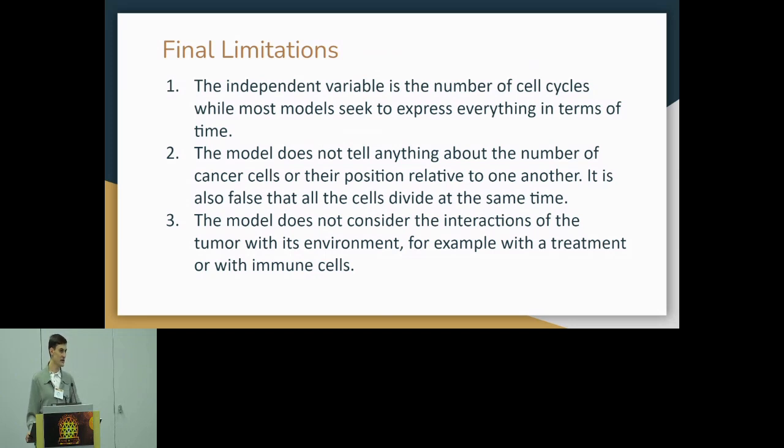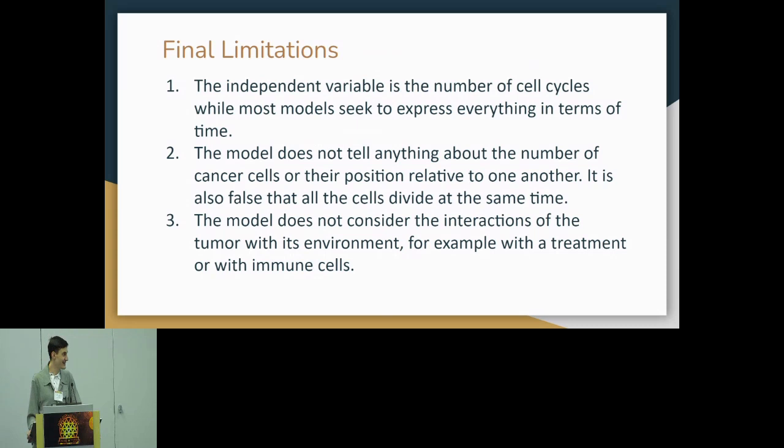They would have a system of boxes connected by coefficients, and everything will be expressed as a function of time, and they will be looking for the number of cells that are quiescent, proliferating, or dead. And from this system of boxes, it is possible to derive differential equations. And by solving these differential equations, it's possible to find the number of cells as a function of time.